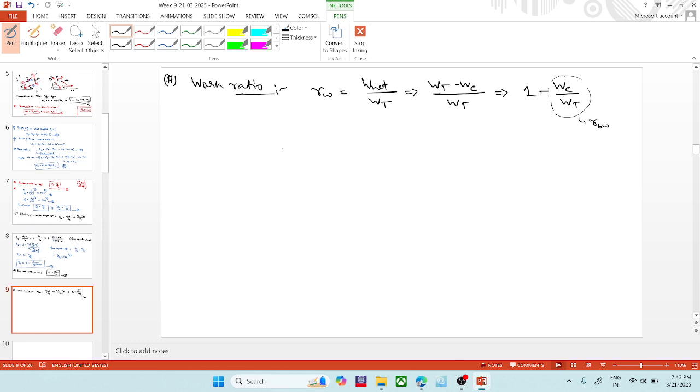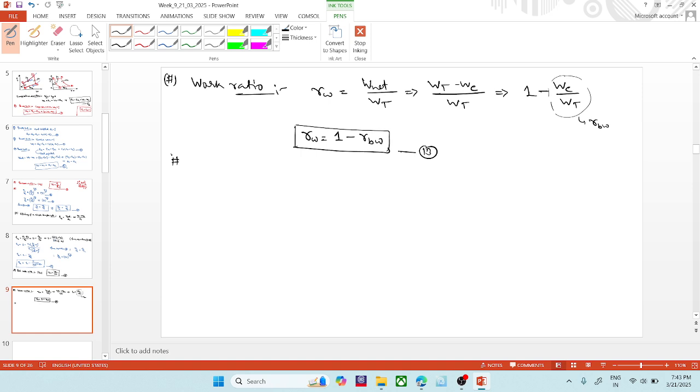So the work ratio would be 1 minus the back work ratio. This would be equation number 13.